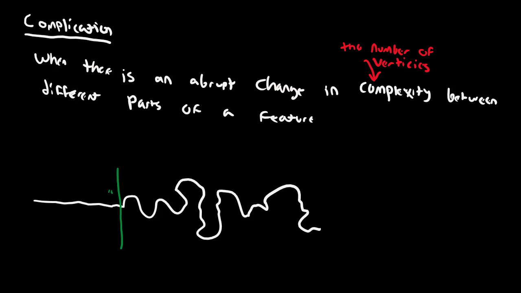The shift in complexity from this side to this side, right? That can be jarring on a map. And it may not necessarily be clear to the viewer as to why that is.